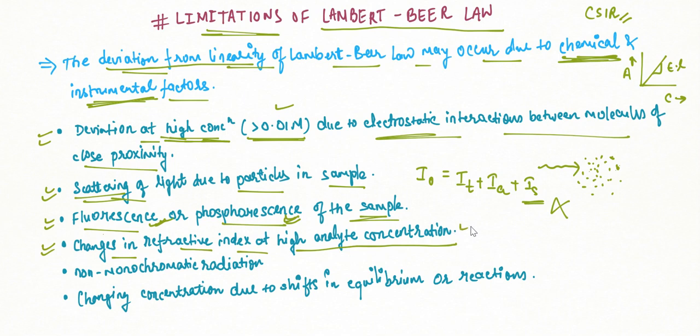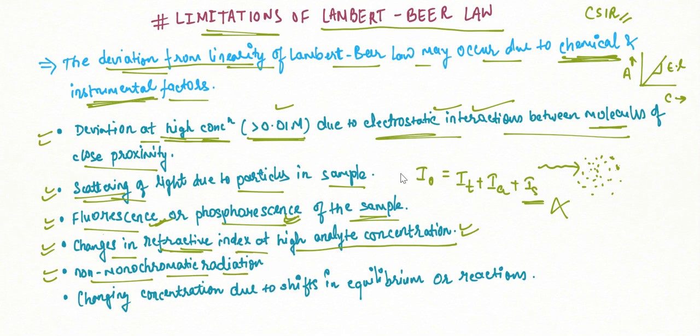So at high analyte concentration, what can happen? The electrostatic interaction between the molecules can also give rise to a change in the refractive index. Another cause is the use of non-monochromatic radiation.